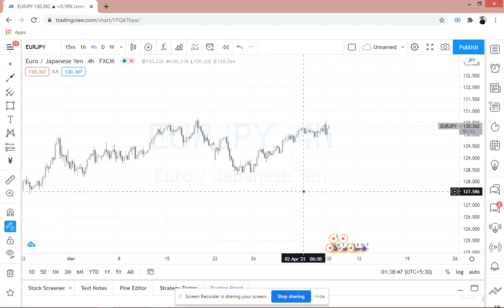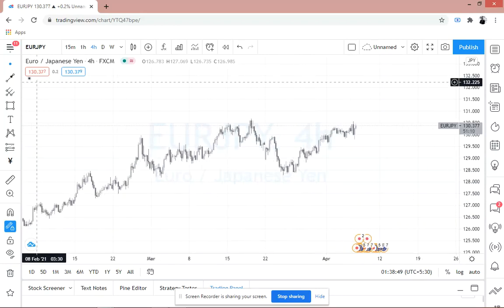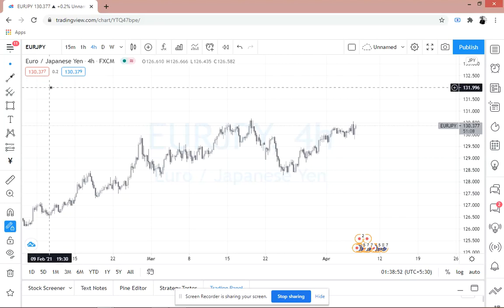So Euro analysis. The market is still in an uptrend, so we should start looking for a buy opportunity.